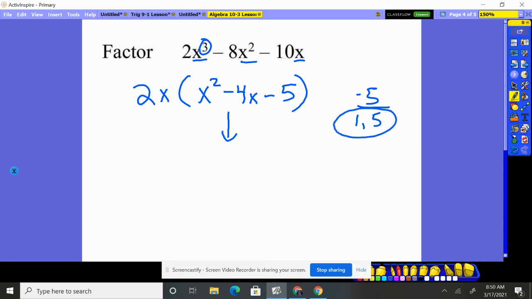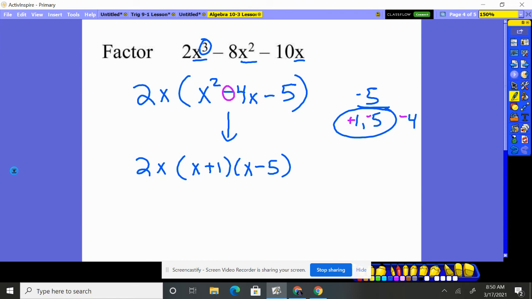So we look for the difference between them. The difference is 4. You and I need to create a what? Negative 4, because that's a negative right there. That means the negative will go on the 5. The positive will go on the 1. So we bring down our 2x, and then this trinomial factors to an x plus 1 times an x minus 5. That's how we do it.